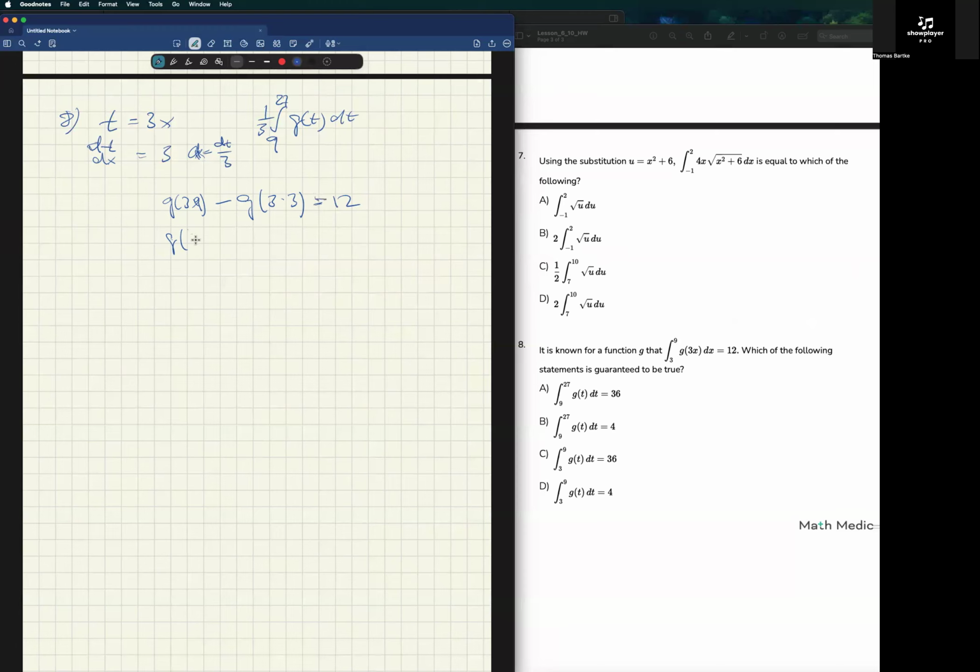Now I have g of 27 minus g of 9. Ah, look at that. The key is here, right? So 1/3 of this.